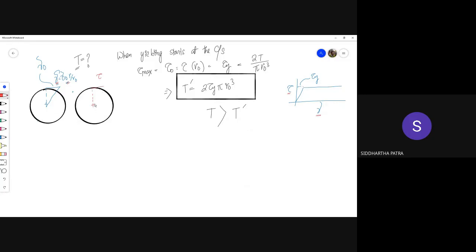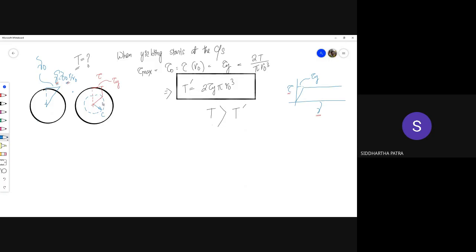So there would be, if T is greater than T prime, an elastic core and a plastic shell. Within the elastic core, let's say the core radius is c. In that, the shear stress is linearly changing.